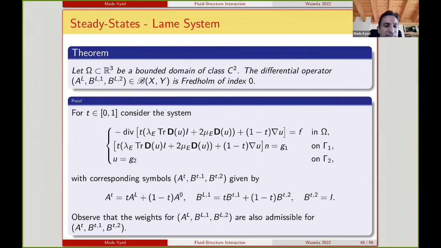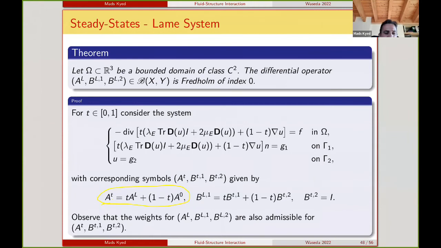And this path you see down here. So I use the parameter t. This is not time. This is just the parameter I use for my path. So I connect down here, essentially, the operator A_L with the operator A_0.